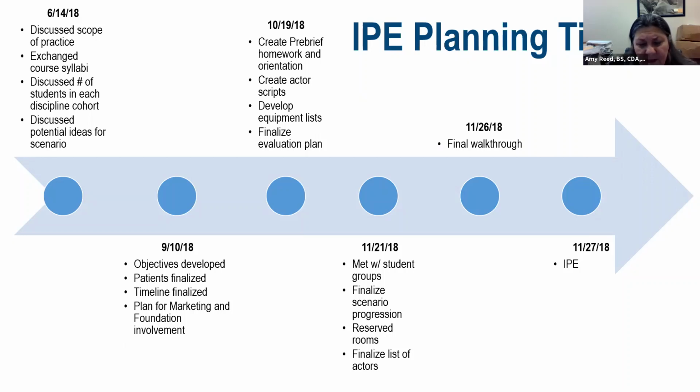For dental assisting, that meant coming up with charts, because the whole IPE was, you have an emergency in a dental office, and what are you going to do if your patient is suddenly having a heart attack or seizing, or whatever the case might be? What are you going to do?